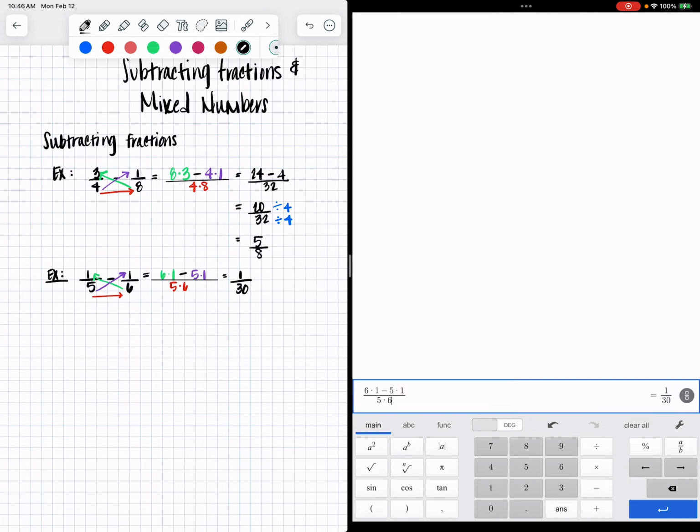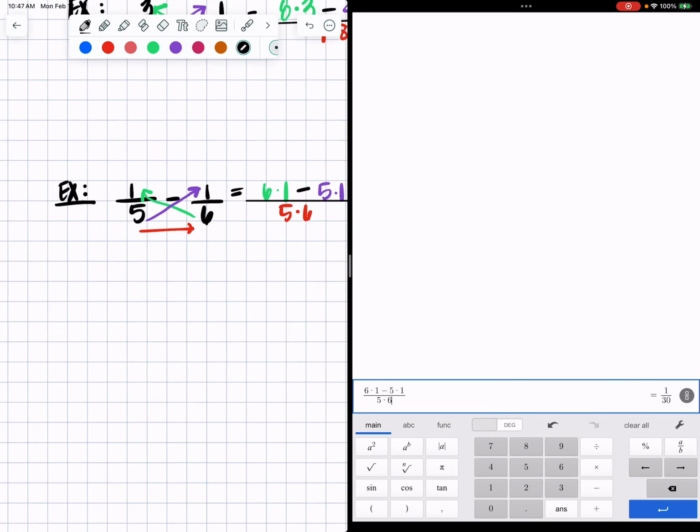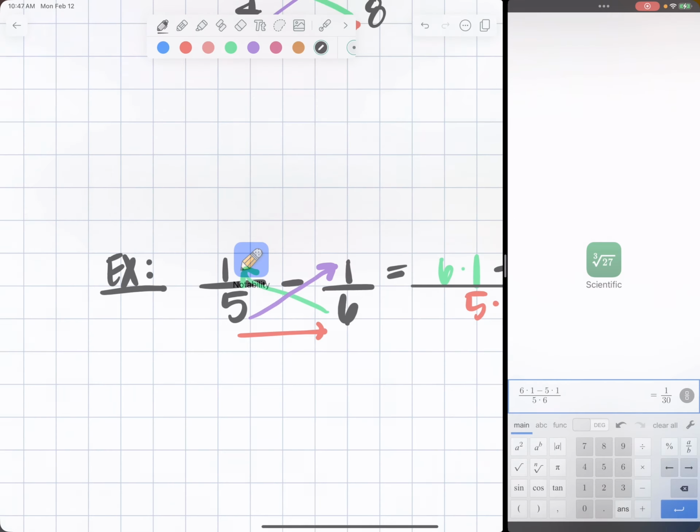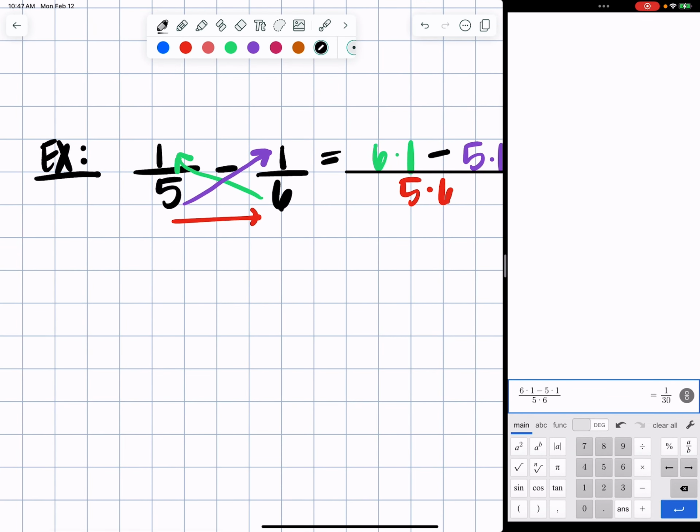Now, does it matter if the denominators match? I am so glad you guys asked. Let's do one. How about, there is no reason to do giant denominators. Let's do 4/5 minus 3/5.